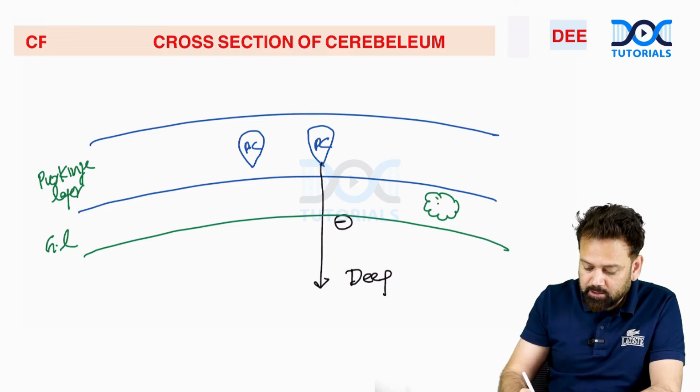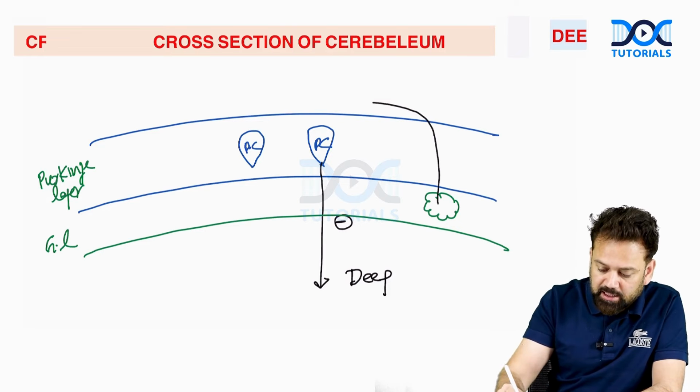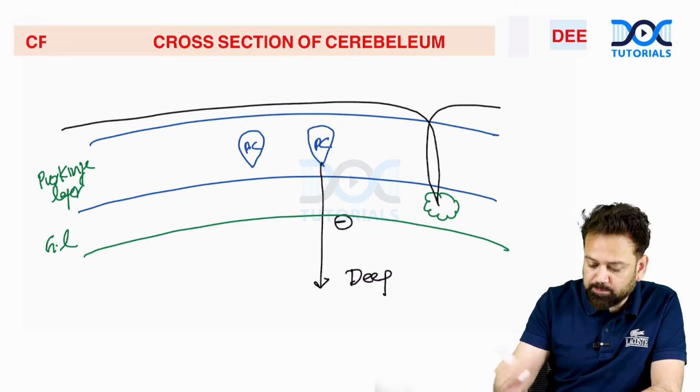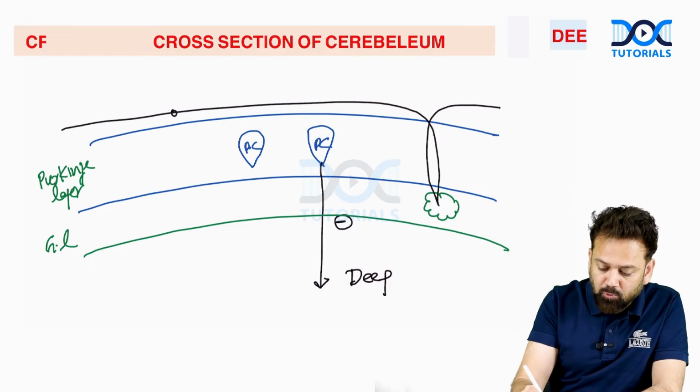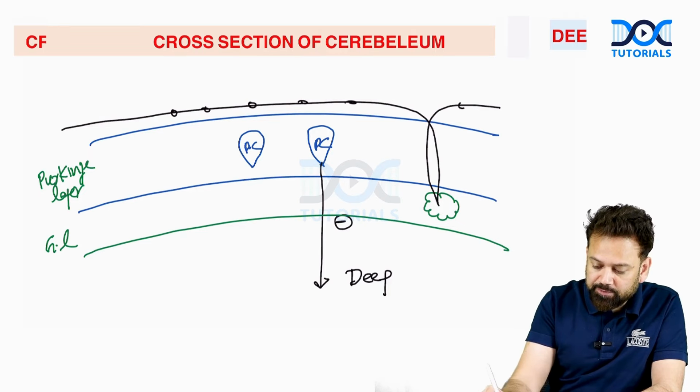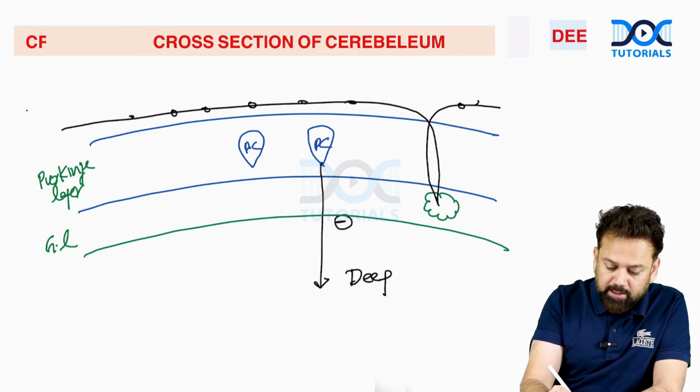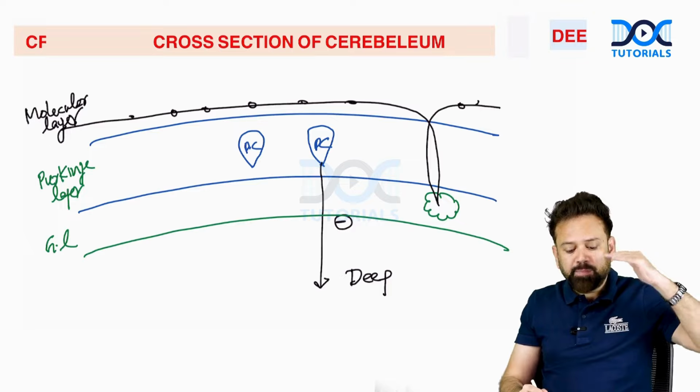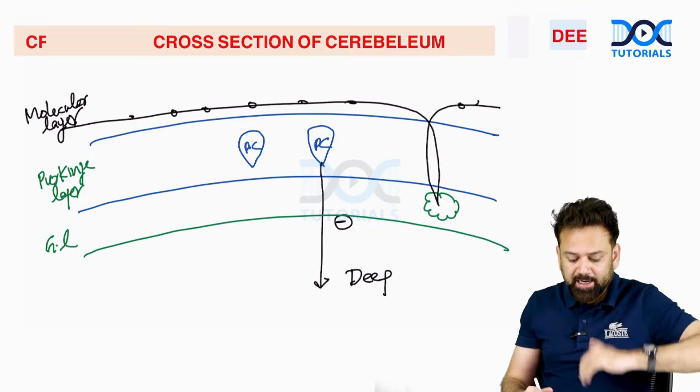And the granular layer will give branches at the top, and they are called parallel fibers. They look like a molecular structure, that is why they are called the molecular layer. Clear? Three layers, MPG: molecular, Purkinje, and granular.